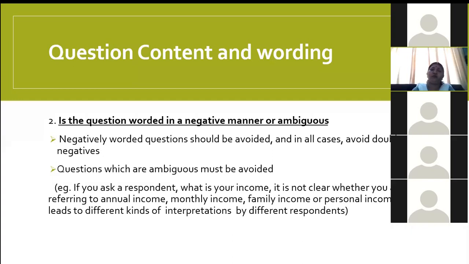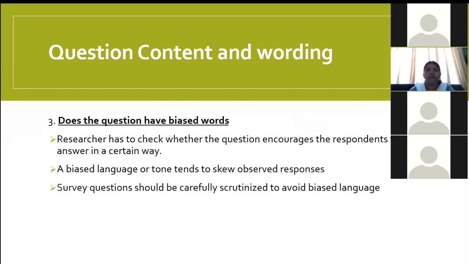So you have to specify whether you are asking monthly income or total family income or an individual's income. That must be specified. Otherwise, that will lead to different kinds of interpretations by different respondents. Some people may be writing annual income, some people may be giving monthly income, somebody may be writing family income. So such kind of ambiguity should be avoided. You have to clearly specify what you are asking.